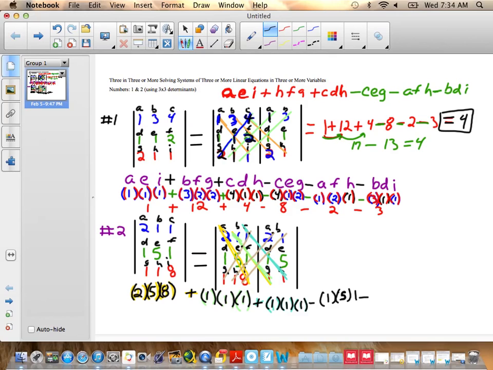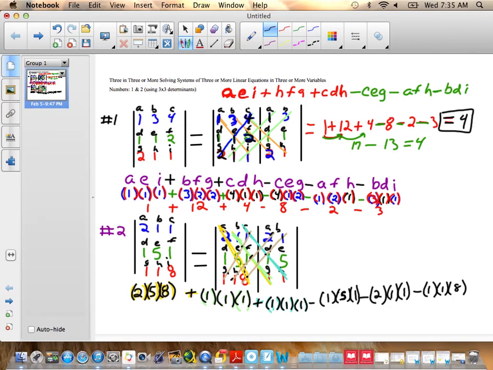Minus A, F, H: 2 for A, 1 for F, and 1 for H. Minus B, D, I: B is 1, D is 1, I is 8.